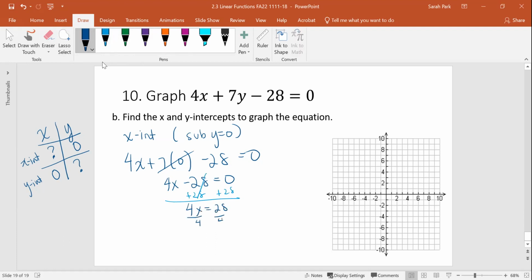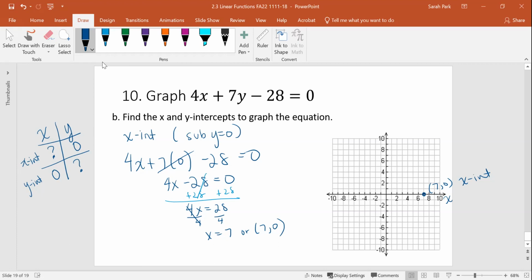Divide by 4, and we get x is equal to 7. As a point, that's (7, 0). Okay, so I'm going to go over to the x-axis and say the x-intercept is (7, 0). That shouldn't be a surprise because we already kind of knew that was there.